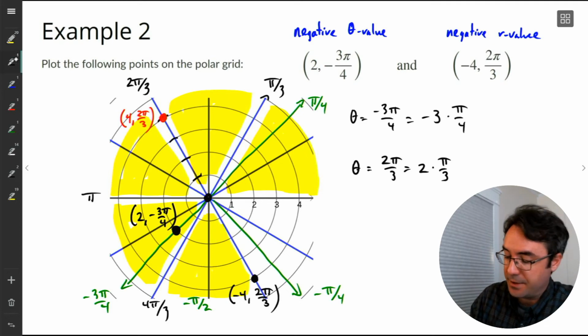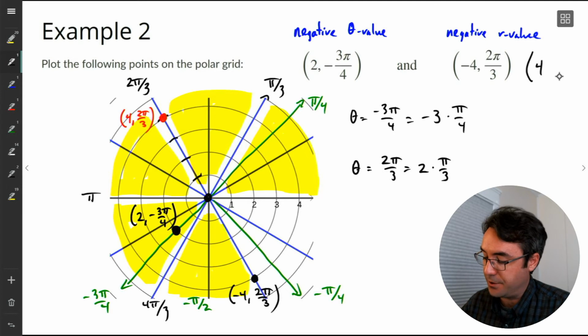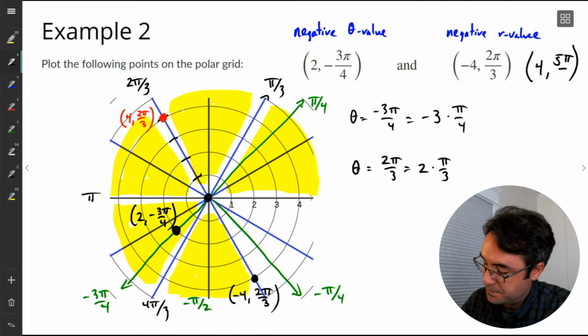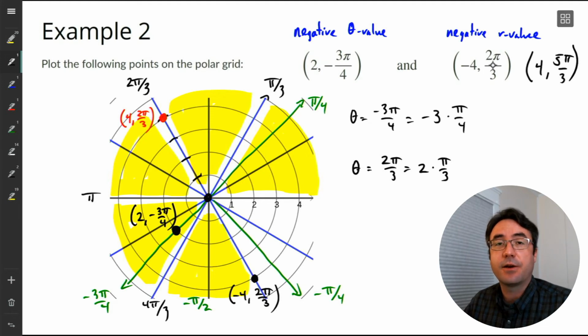So another way to write this point is with a positive r value, but then 5 pi over 3. So these two very different descriptions or representations are actually describing the exact same point.